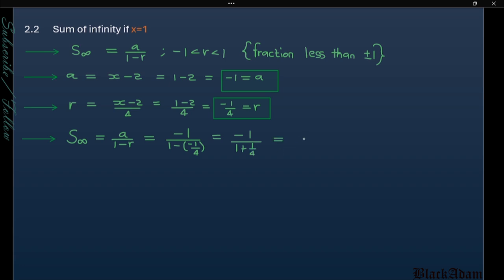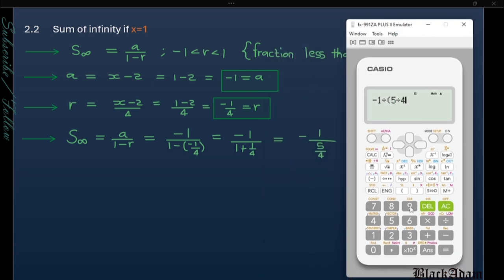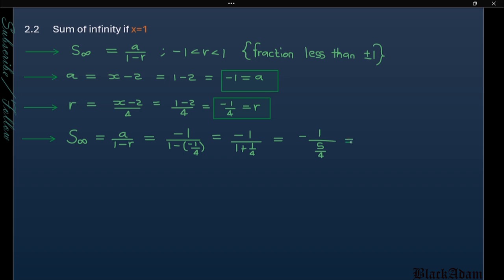So -1 over 1 plus a quarter, that's 5 over 4, that's 1 and a quarter. So -1 divided by 5 over 4 will give us -4 over 5, and that is our answer for the sum to infinity.